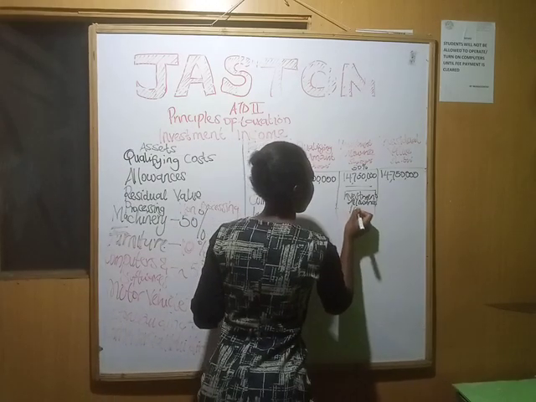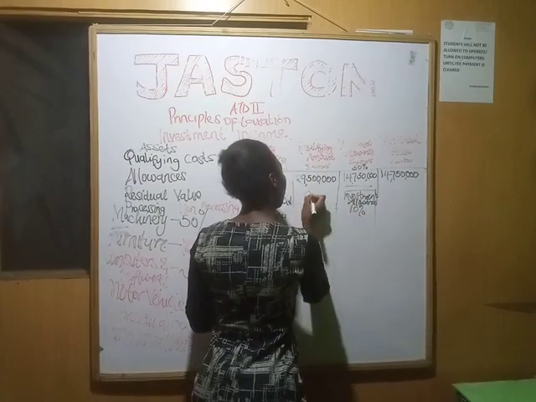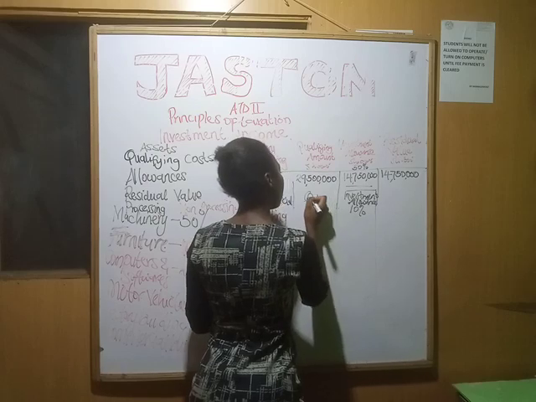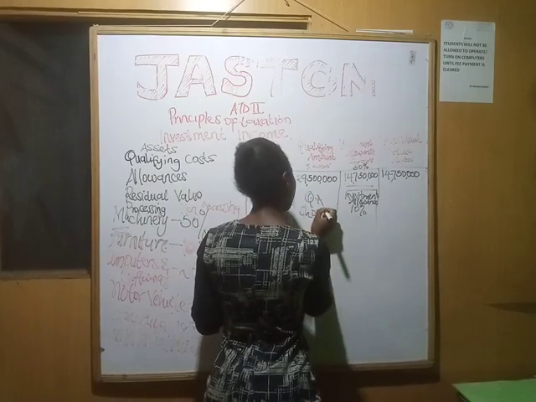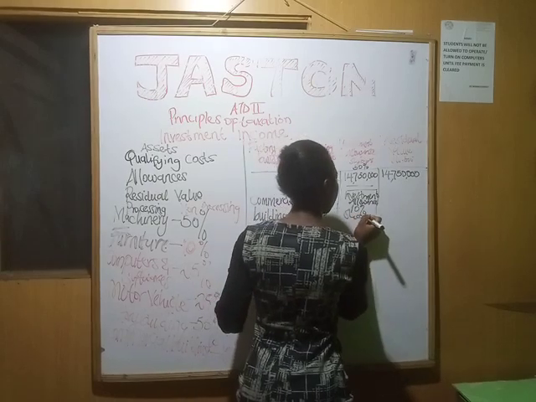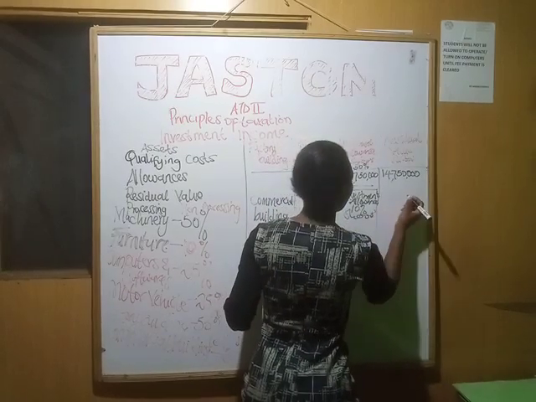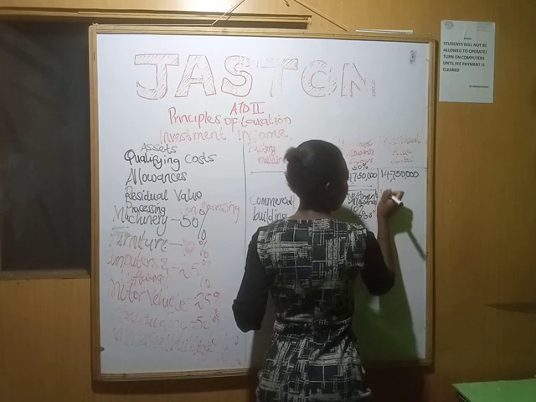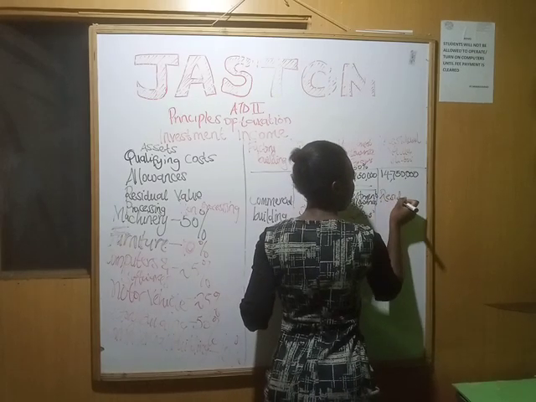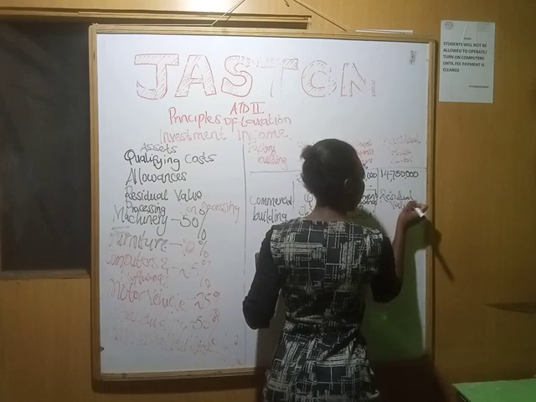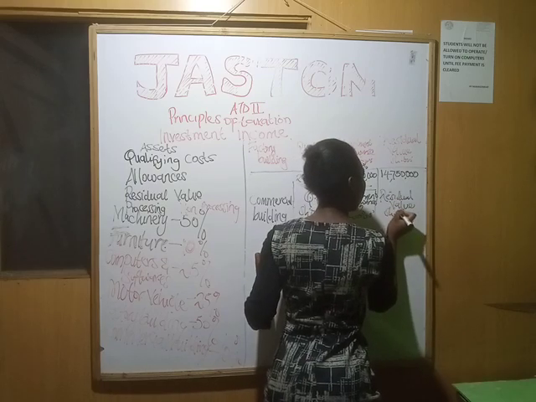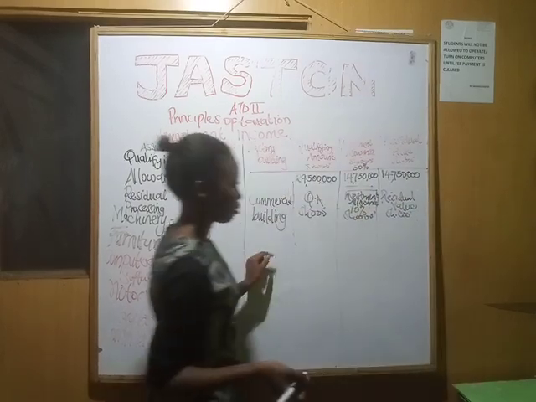We write our 10% here, then the qualifying amount in shillings with zeros, then the residual value.